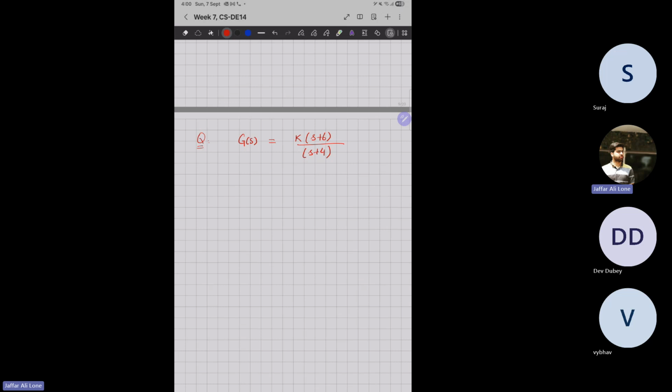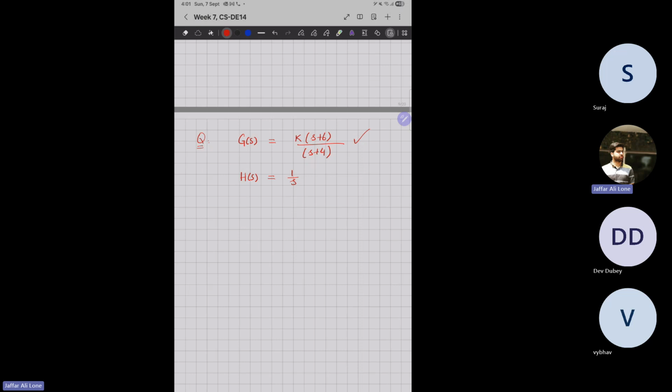The feedback control system has G(s) as this, and an ideal integrator with unity gain in the feedback path. So H(s) is 1/s, with negative feedback. We have to find the root locus.